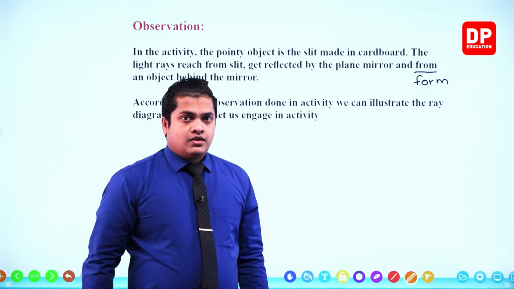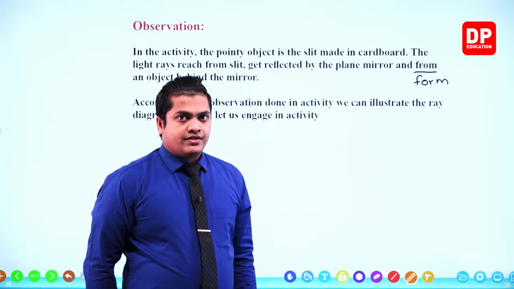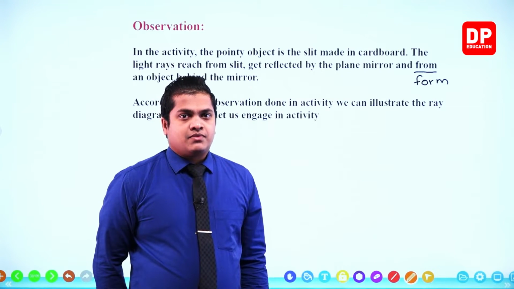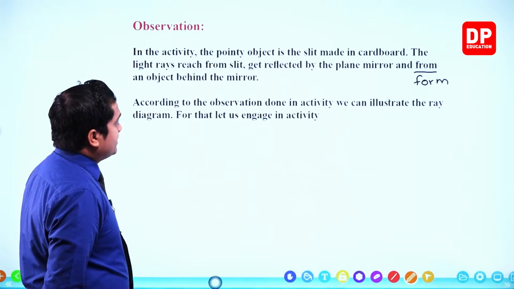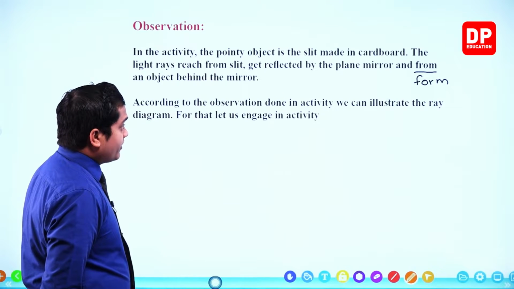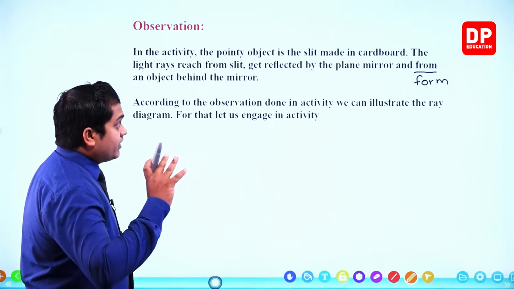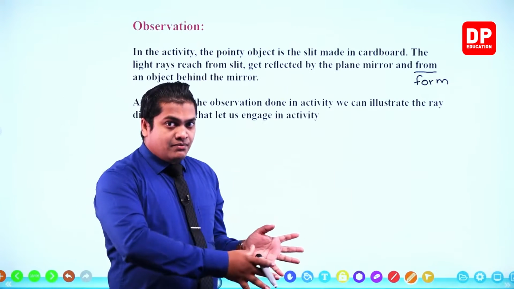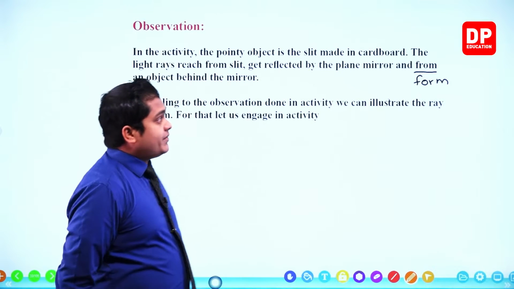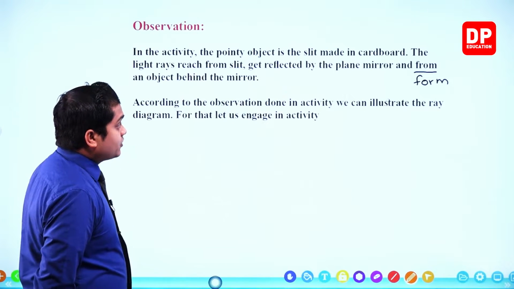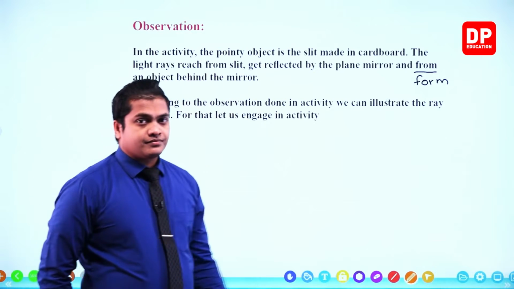Now, what is our observation? Like in the previous activity, my dear children, here also you can get the same observation. What is that? Here also you can observe that the light is going to reflect from the slit, then reflect from the plane mirror, and come towards your eyes. So that, my dear children, it is going to form an object behind the mirror.